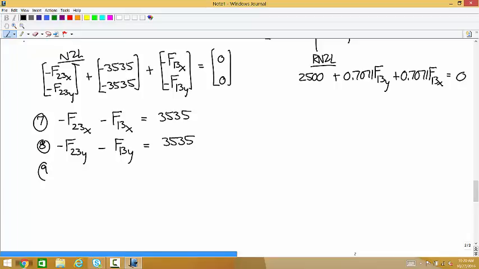And then equation 9 says 0.7071 f(1,3)x plus 0.7071 f(1,3)y is equal to negative 2,500.